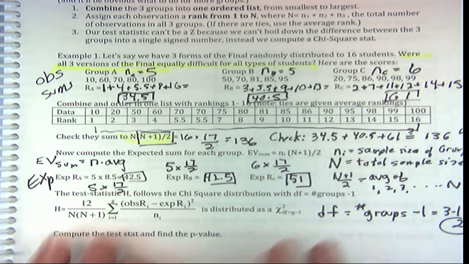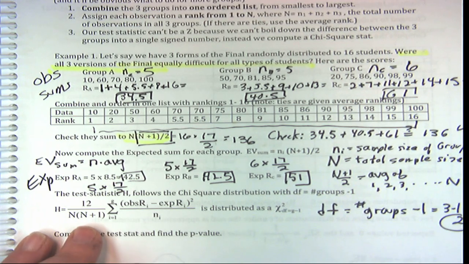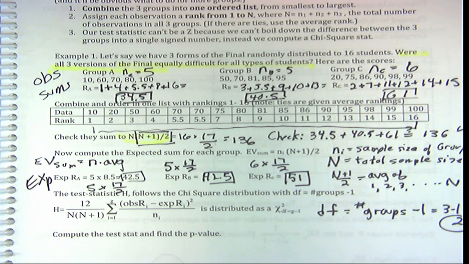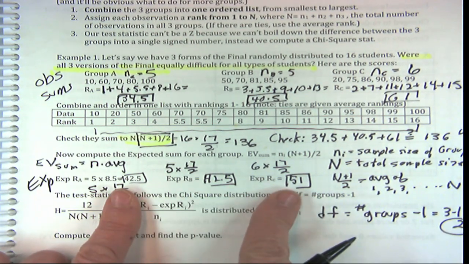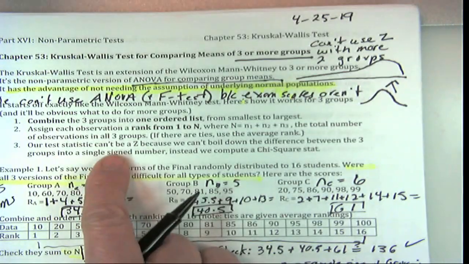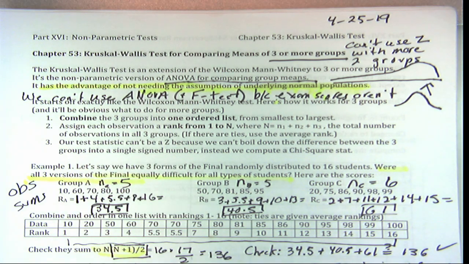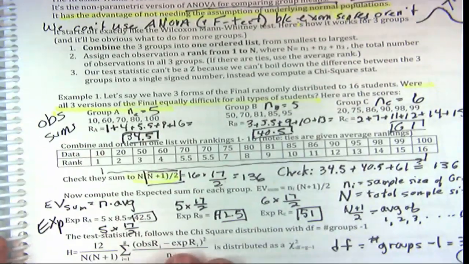But I just want to keep with our logic of what we're doing here, because that's a mathematical detail. What we really want to understand here is these differences, why we have to square them and sum them, and what it means that our test statistic, when we have 3 or more groups, can't be a z. Why? You'll see that when we do this, all right?